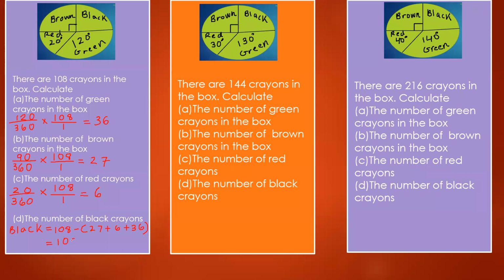So 27 plus 36 plus 6 is 69, and then we subtract it. 39 was my answer. Yes, that's correct. We subtract, that's going to be 39.